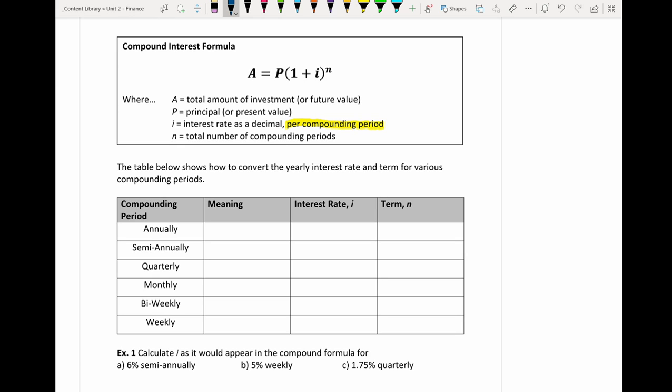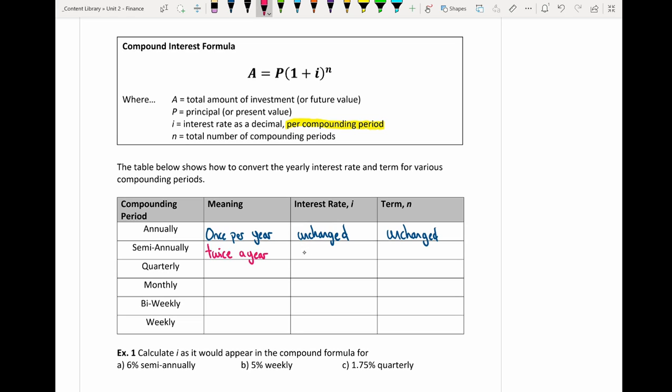If we see compounding annually, annually means once per year. Your I value, or your interest rate, remains unchanged because it would be given to you in years, and the same with your term. It would be unchanged as well. If we look at semi-annually, semi-annually means twice a year.